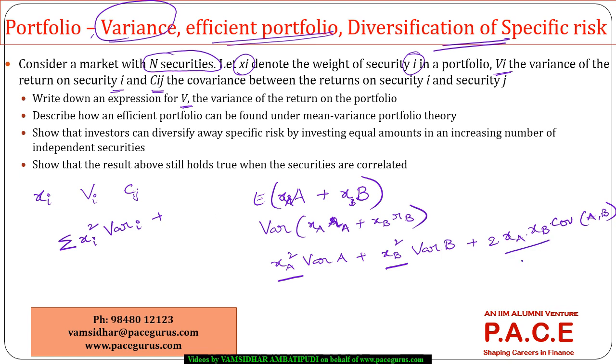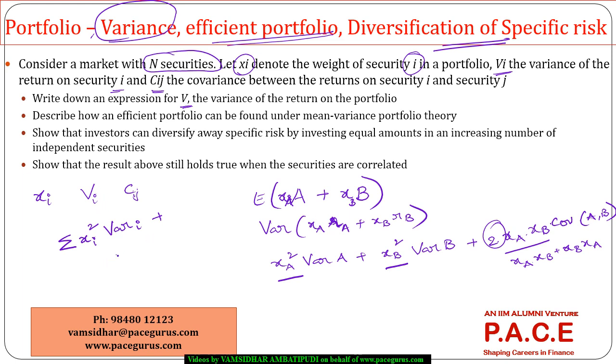Along with that, 2 XA XB can be written as XA XB times covariance AB, and I can also write XB XA times covariance AB, and I am adding up those two. That's the reason the 2 XA XB is coming up.